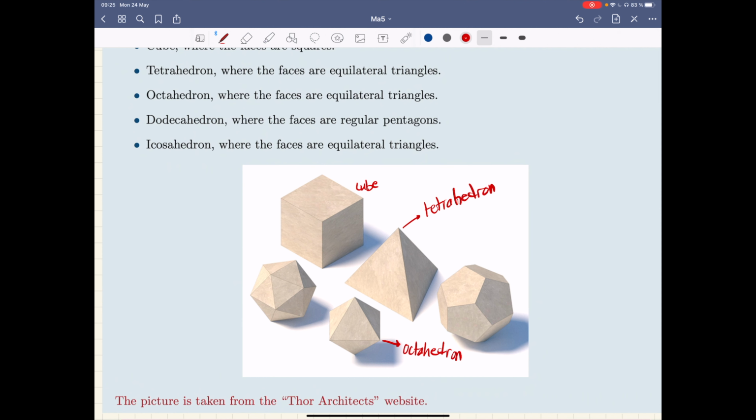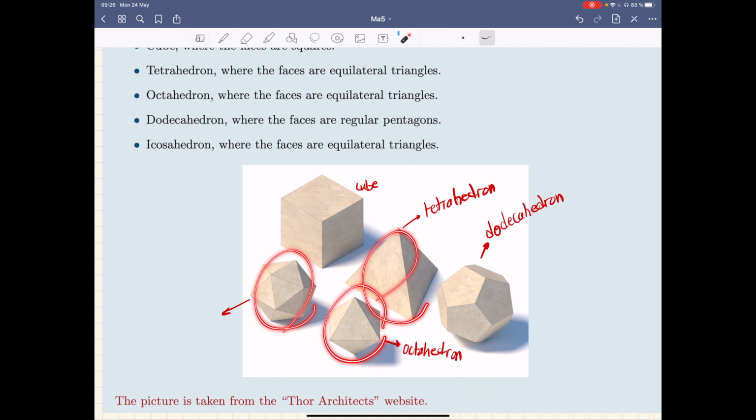If every face is a regular pentagon, then this is called a dodecahedron. And finally, again, you have triangles involved. In 3 of them, equilateral triangles are involved. In the cube, squares are involved, and in the dodecahedron, pentagons are involved.